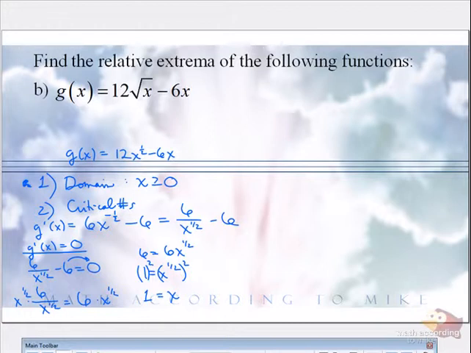Are we done in step 2? Close. We have to see where it does not exist. This goes a lot faster. The other benefit to rewriting the derivative as a fraction is that you can see that it's a fraction. So what's bad for fractions? 0 in the denominator.